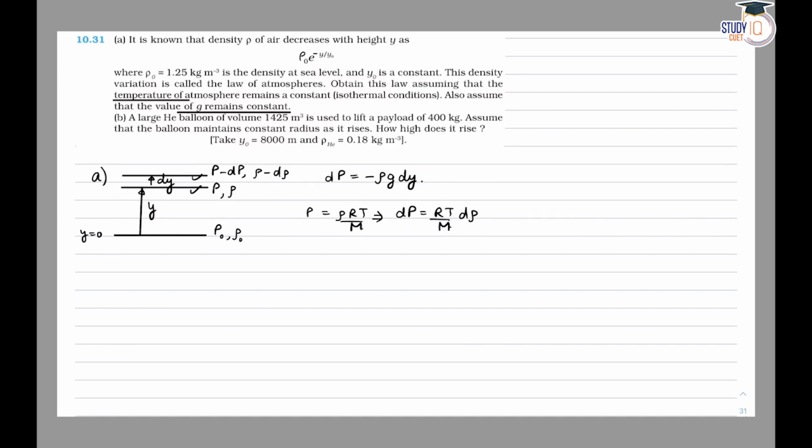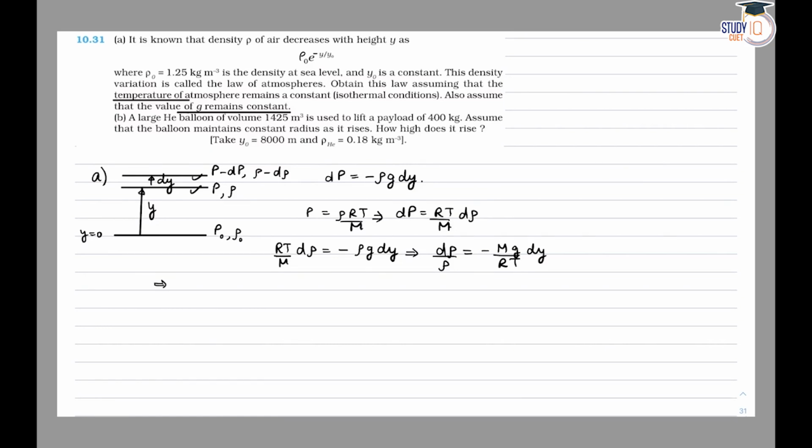So if I substitute in that equation, what I get is RT by M into d rho is equal to minus rho g into dy, and this gives us d rho by rho is equal to minus of Mg by RT into dy.